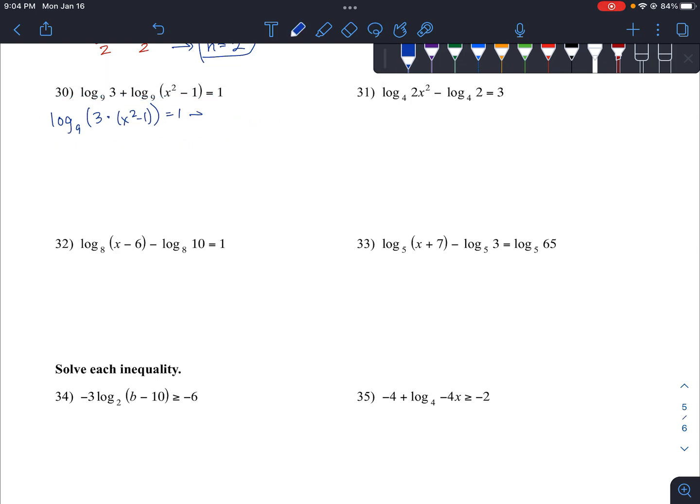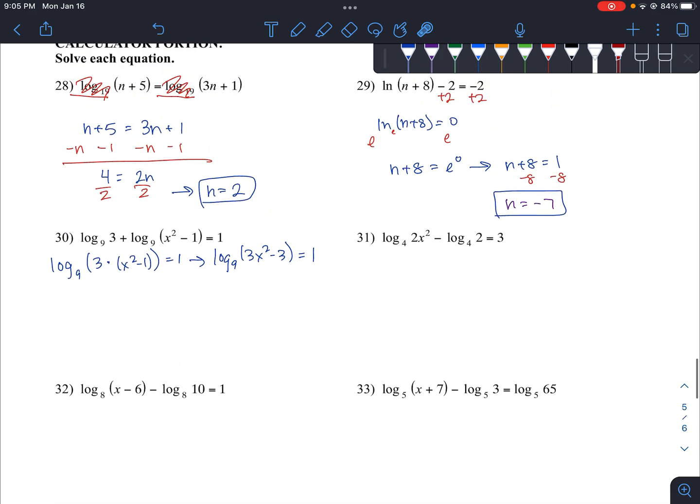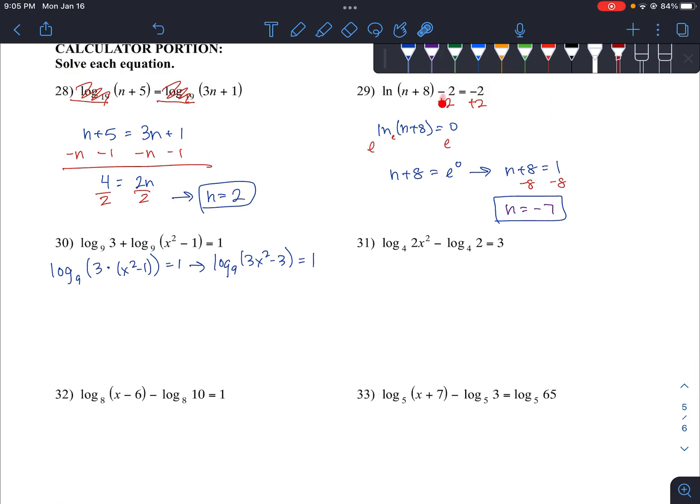Okay, and then that's just going to be log base 9 of 3x squared minus 3 equal to 1. Okay, and now I can get rid of the logarithm. Since the logarithm is isolated, I don't have anything being added or subtracted like this one right here, or any coefficients.